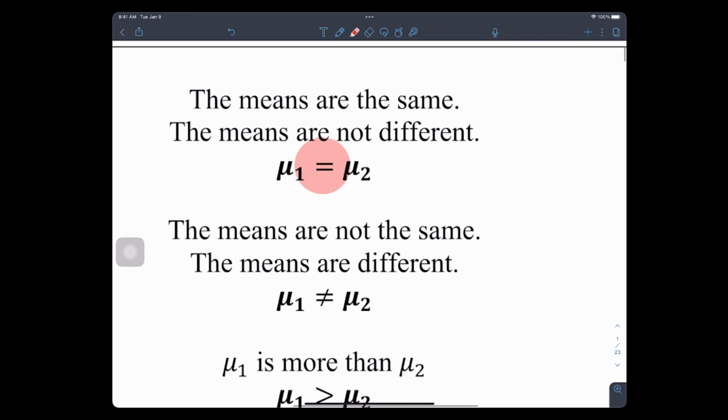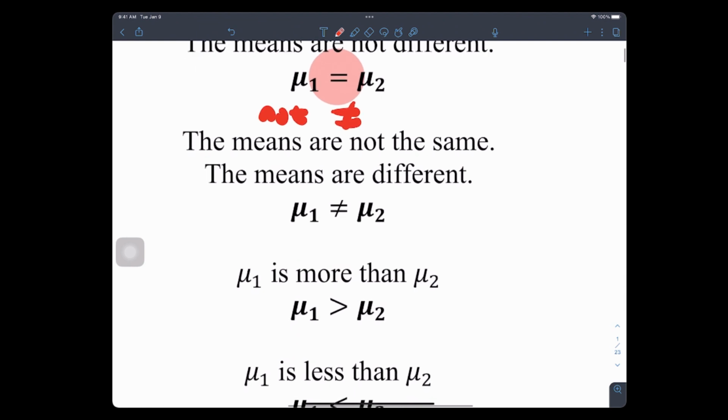The phrase, the means are not different, by the way, is the same as saying they're equal. Isn't that weird? Not different. That's like saying not the same. That's a double negative. The means are not the same means they're different.